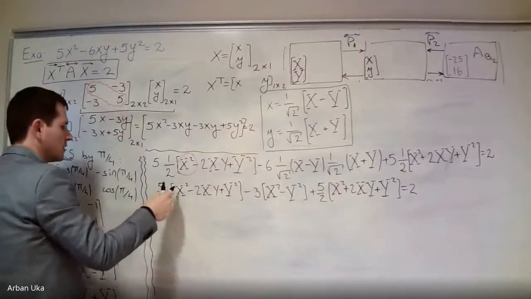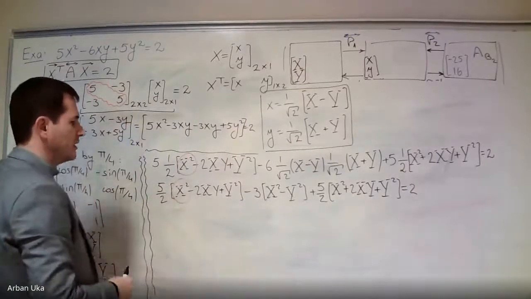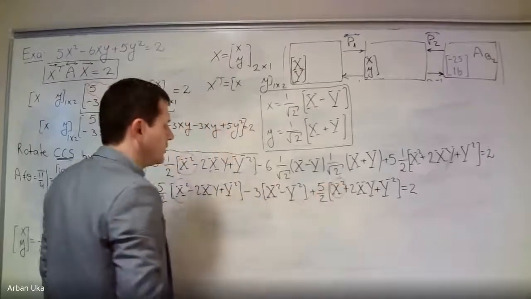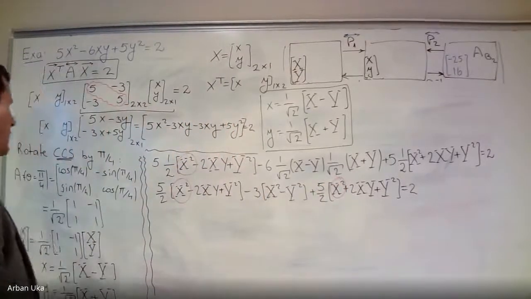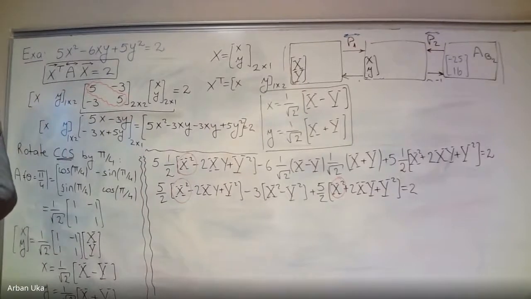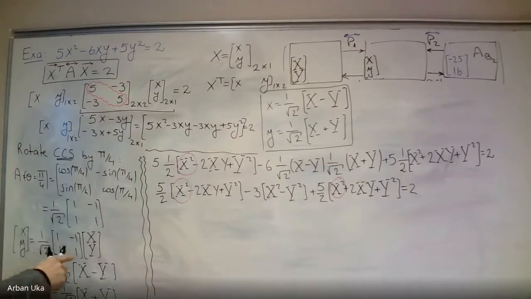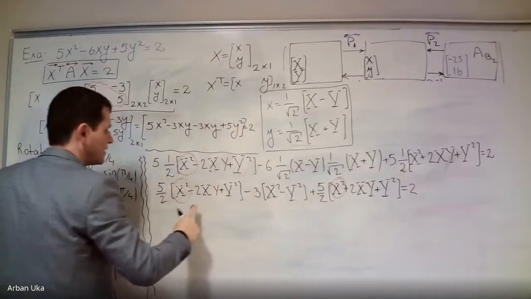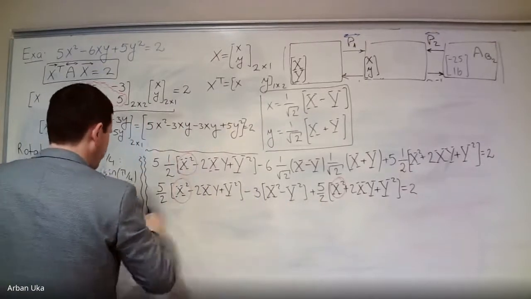Then let's have a look. We have x squared here, and then we have another x squared. We get 5 over 2 plus 5 over 2, minus 3, which gives a total of 2x squared.